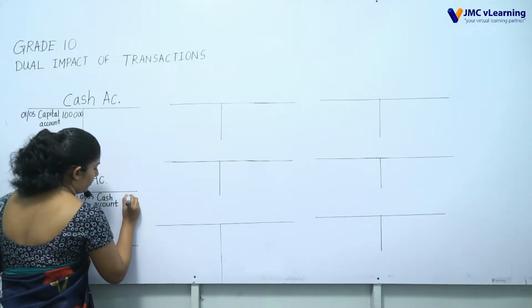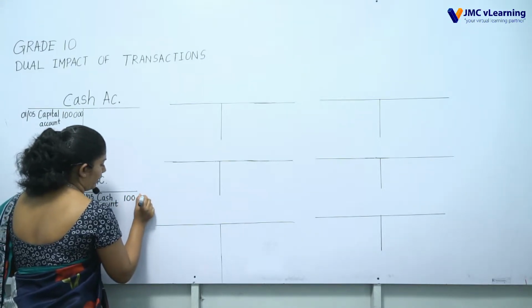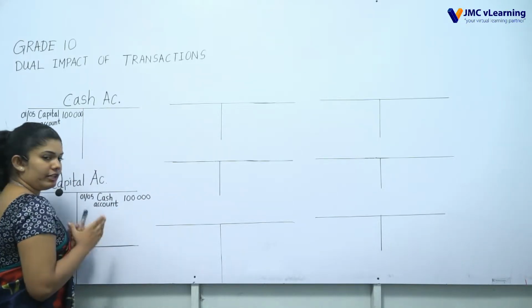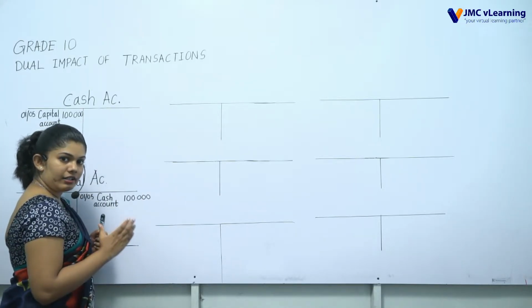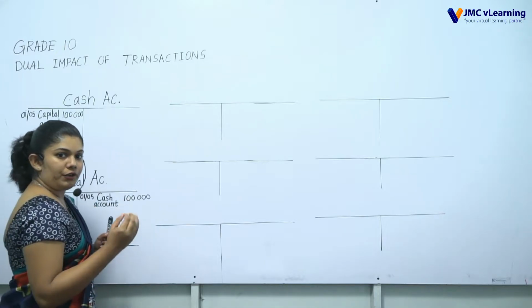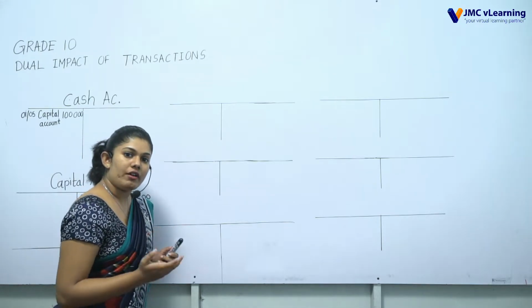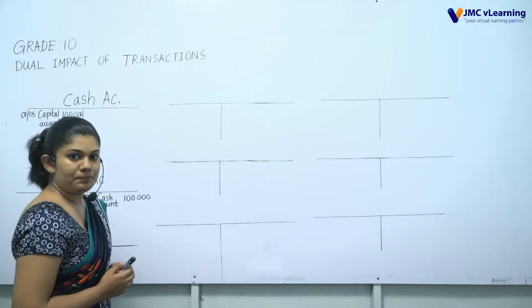Amount, the same amount, 100,000. Because we have recorded this in the credit side. In the previous note we discussed equity increases we record in credit side.